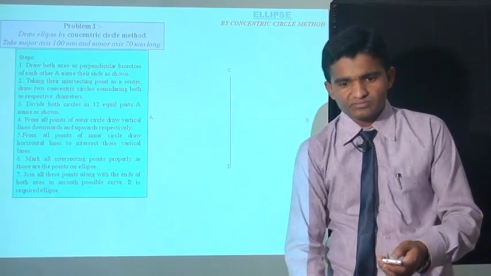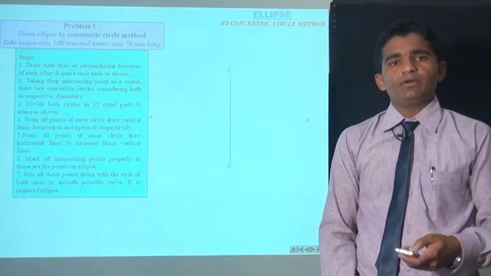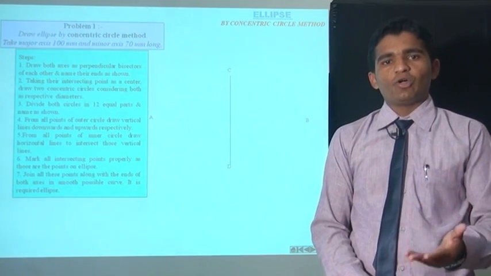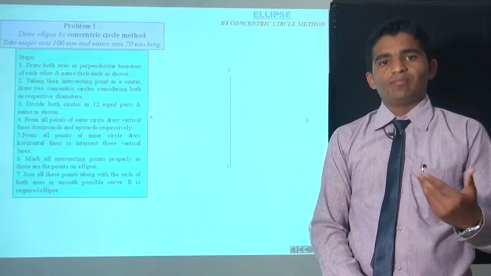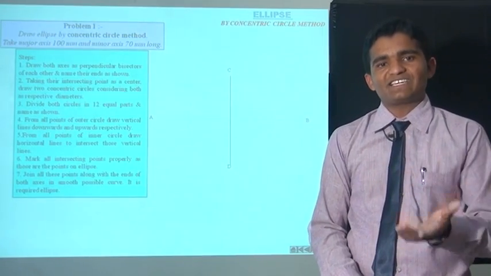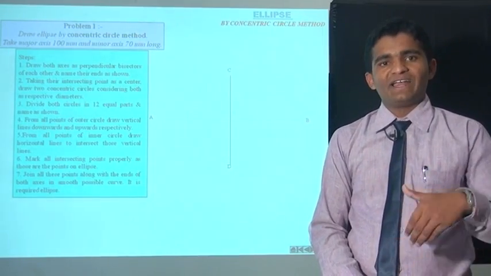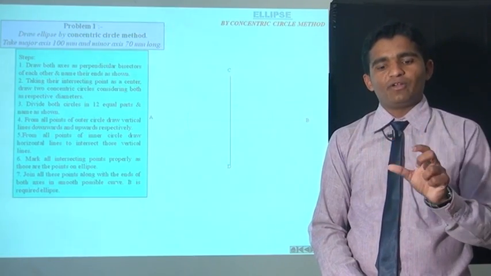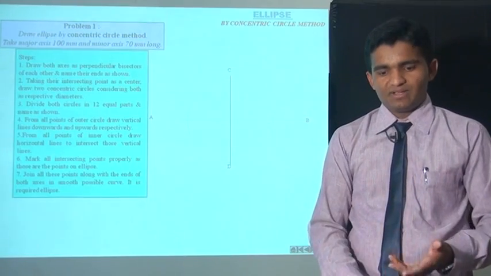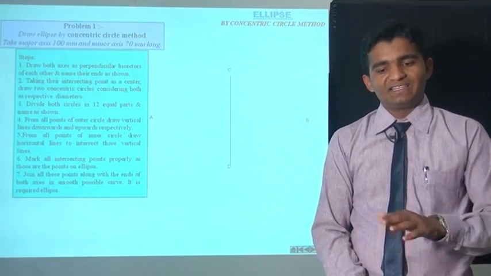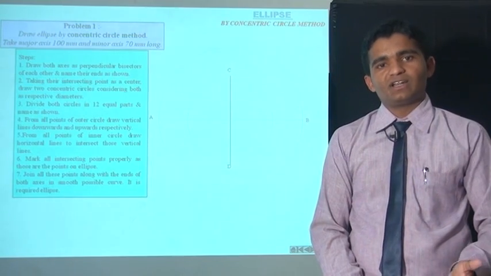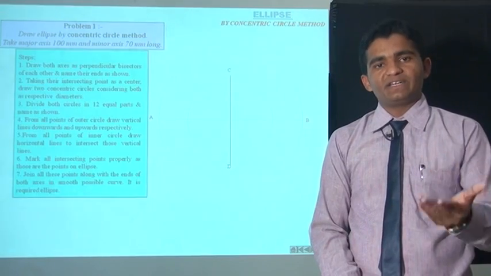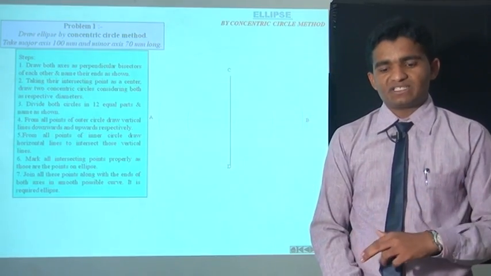Now give the name AB to the major axis and CD to the minor axis, and then draw a circle by taking the center at the intersecting point of the two axes and taking the radius of the minor axis, 35 mm, for the inner circle. Then again draw the outer circle by taking the radius 50 mm and the center at the intersecting point of the major axis and minor axis.